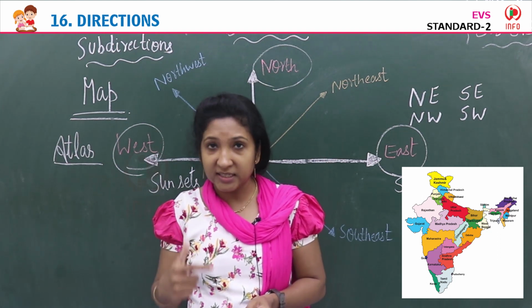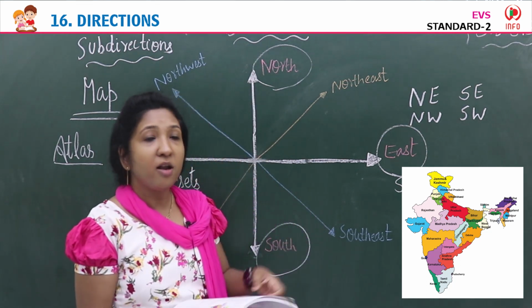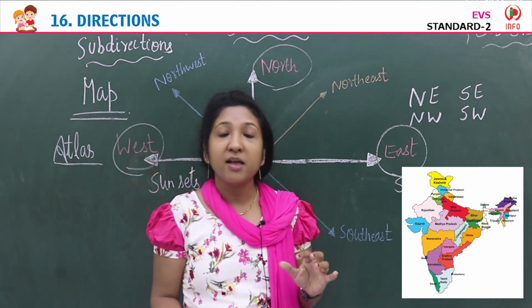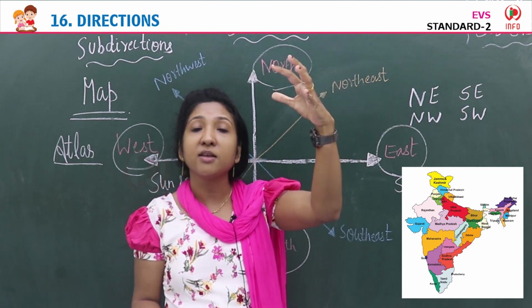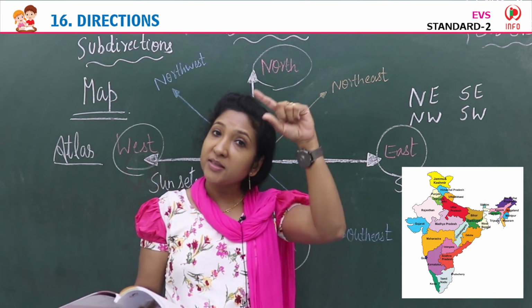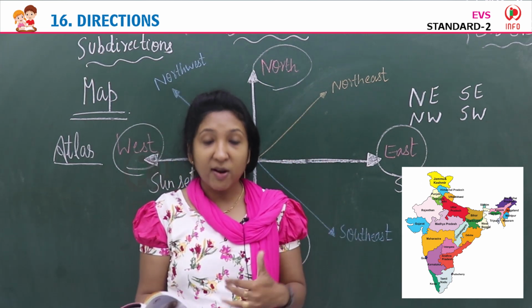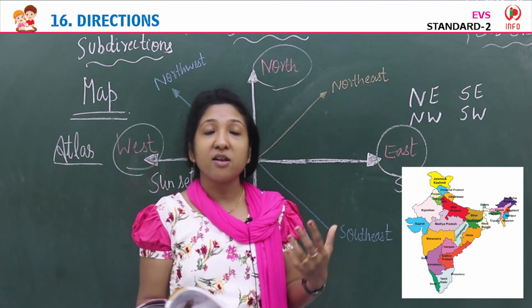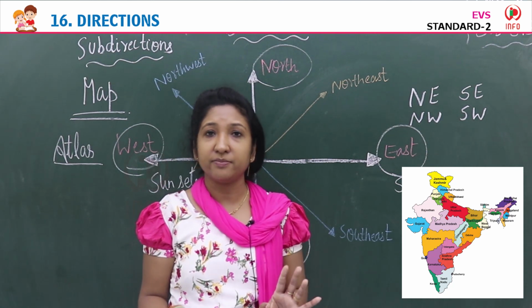There if you get a map and if you hang it on a wall or spread it on a table, then the upper portion, it represents north, top is north and bottom is south always, and the right side is east and left side is west. On any map this is common.